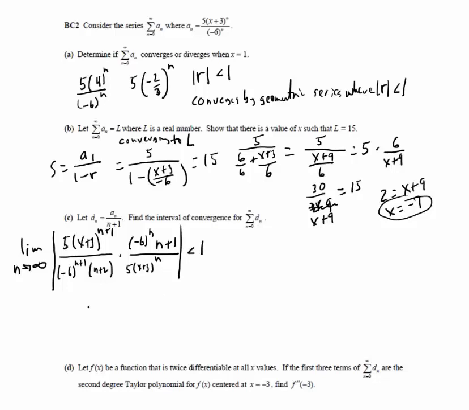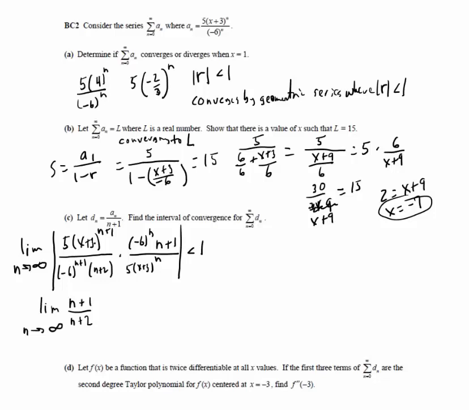All right, now we're going to group these by like terms. So remember, put the n terms out front. My n terms, the ones that just involve n, are n plus 1 and n plus 2. So I'm going to do the limit as n goes to infinity of n plus 1 over n plus 2. For the 5s, those will cancel out, so that'll go away.